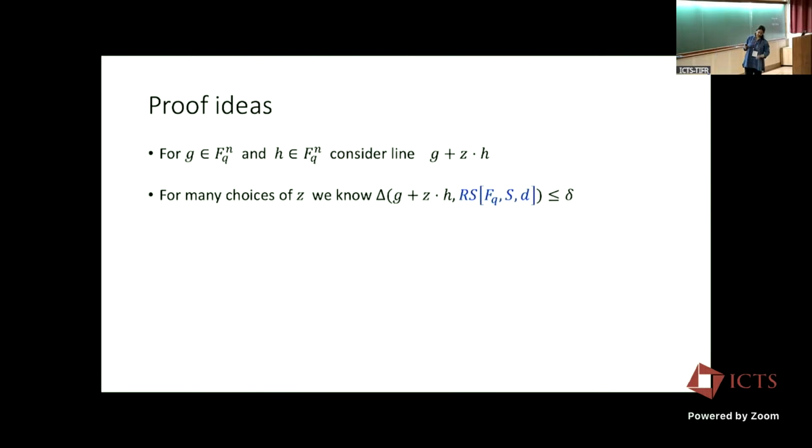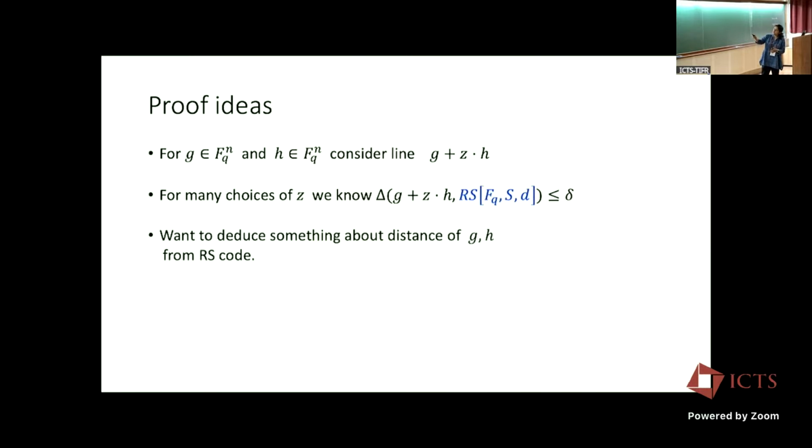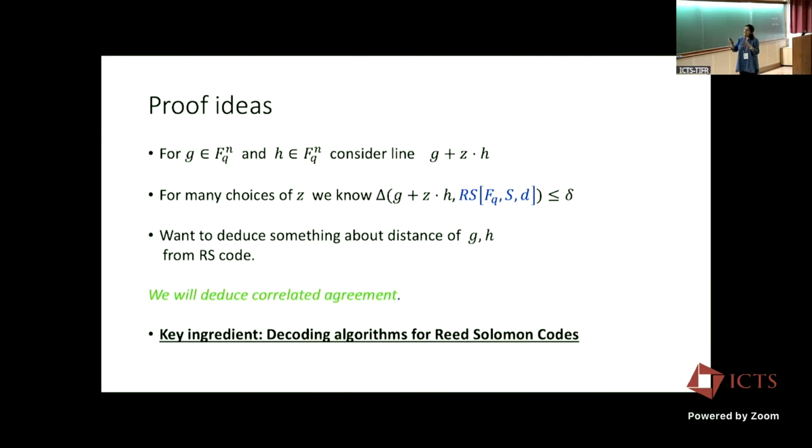Okay, so let me give just a flavor of the proof. We know that for many choices of little z, G plus zH is close to a Reed-Solomon code word. This is what is given to us. We want to deduce that G and H themselves are close to the Reed-Solomon code word, and in a correlated way. This is a completely combinatorial statement.